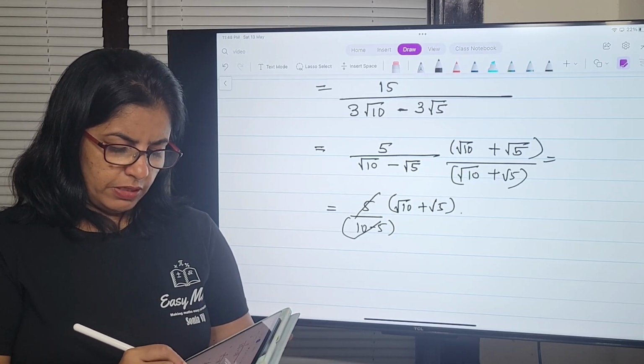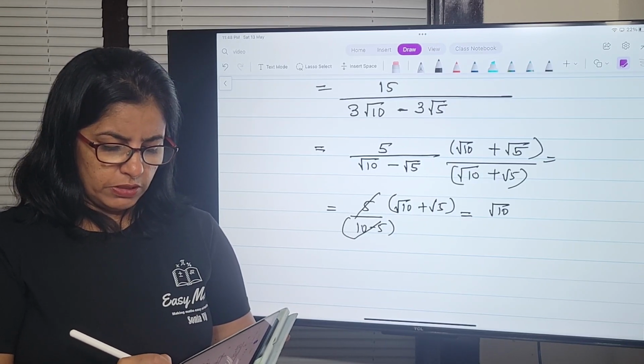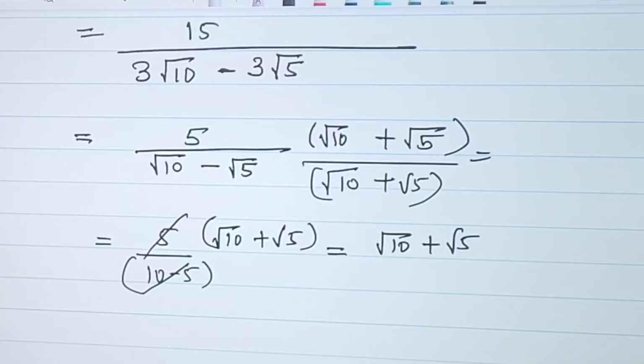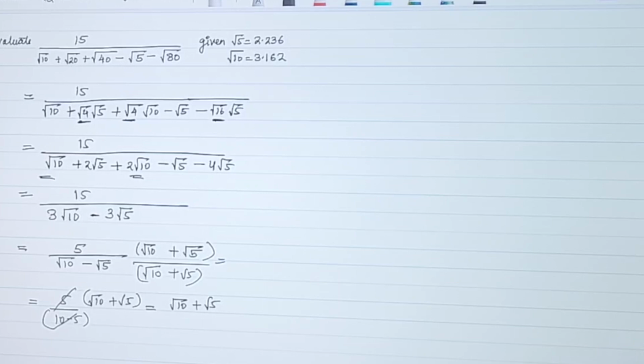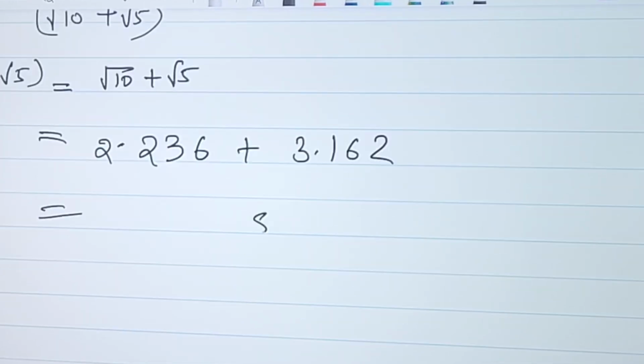So finally I am getting root 10 plus root 5. The values of root 10 and root 5 were given. Root 5 was given as 2.236 plus 3.162, and that's we get answer will be 893.5. This is the final answer.